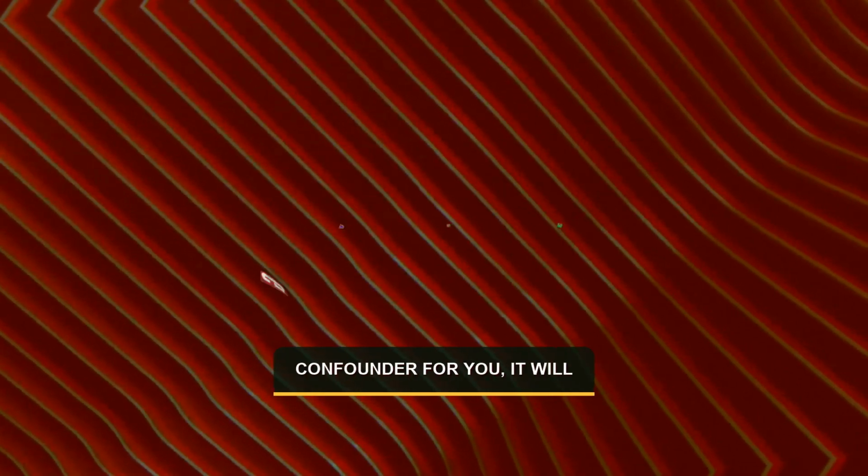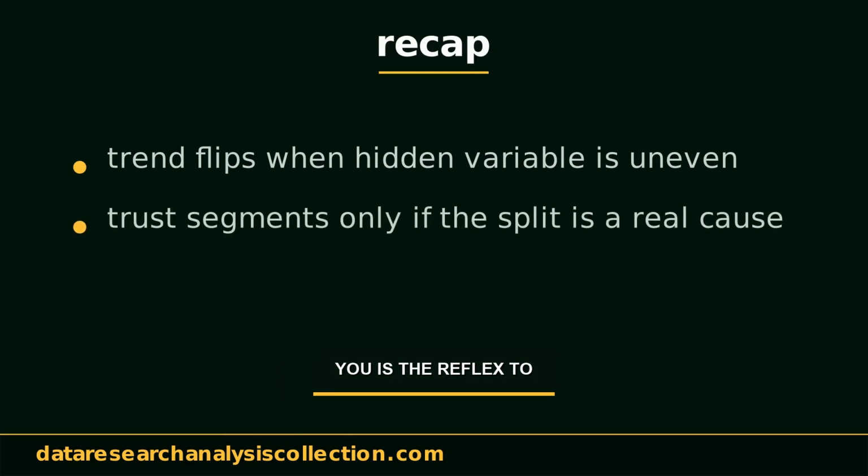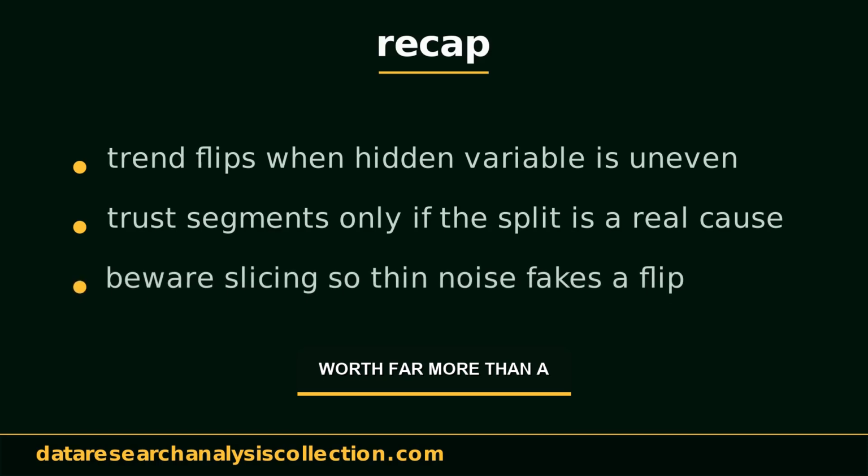It will not name your confounder for you. It will not prove which split is the real cause, and it certainly will not make your decision. All it really buys you is the reflex to stop trusting a headline number until you have honestly tried to break it, which is worth far more than a confident total that reversed on you the whole time.